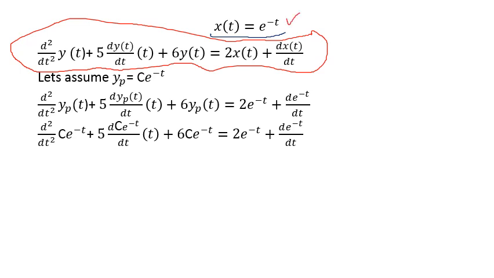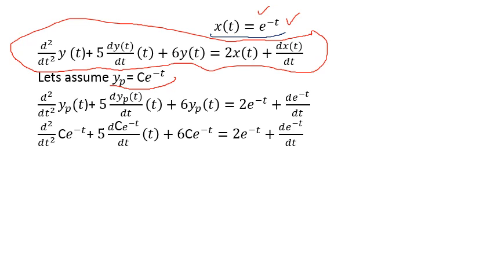In the particular solution we need the input signal, and we assume that the output is similar to the input. Because it's an exponential signal, let's assume that the particular solution will be something like c e power minus t.